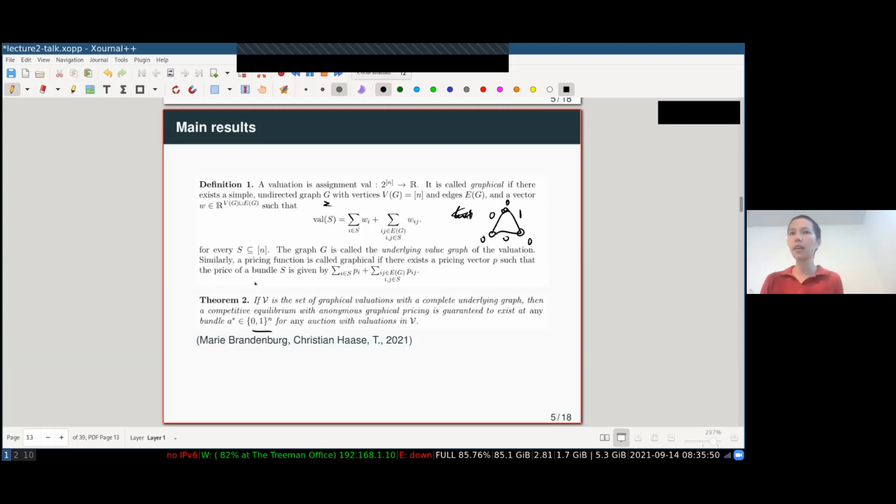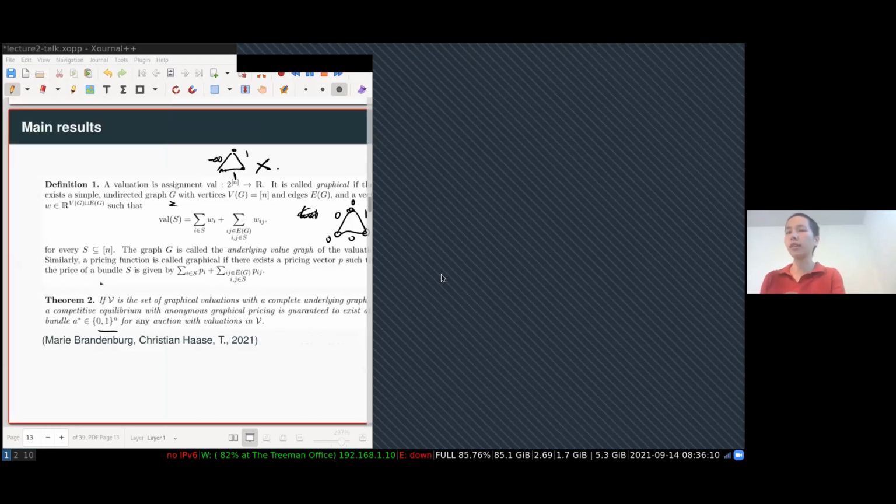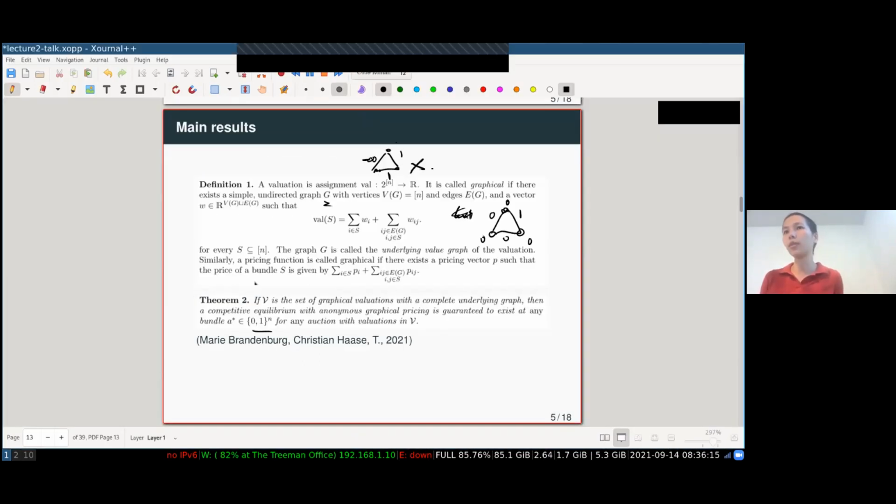An example where it's not a complete subgraph is when I put a value such as negative infinity for this edge, because that would mean you never want this pair together. Something like this is not a complete subgraph. And then we have counterexamples that say you can cook up, for at least 4 agents and n at least 4, auctions where the valuations are not complete subgraphs and competitive equilibrium fails at the point of your choice.